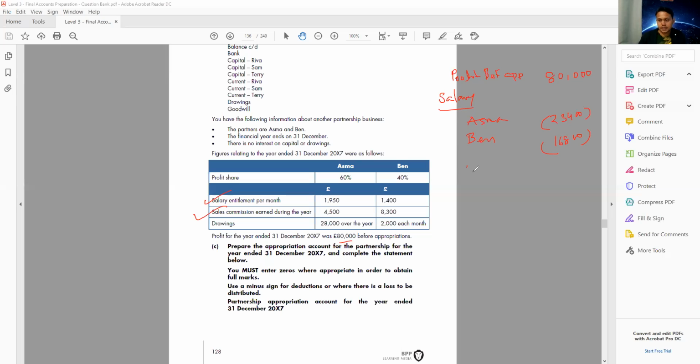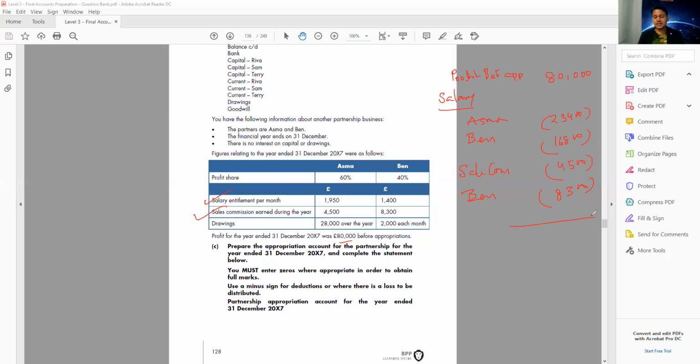Sales commission. So for Asma it is 4,500, and for Ben it is 8,300. Isn't it? That's it. Now I'm going to find how much profit is remaining after paying all of this.